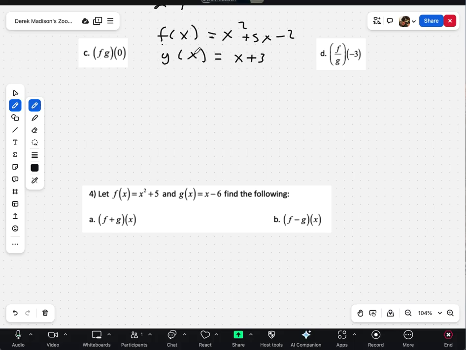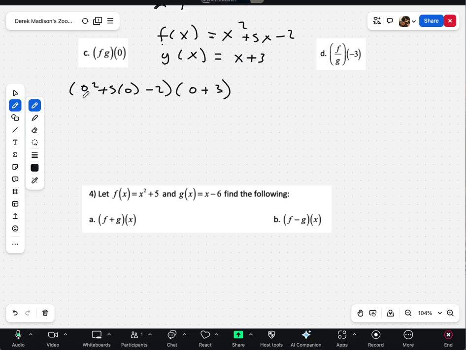So multiplying, I would not multiply that all out. I'm going to write it out and then tell you you really don't need to. So f evaluated at 0 would look like 0 squared plus 5 times 0 minus 2. And g evaluated at 0 would be 0 plus 3.